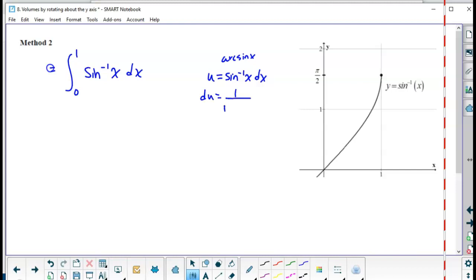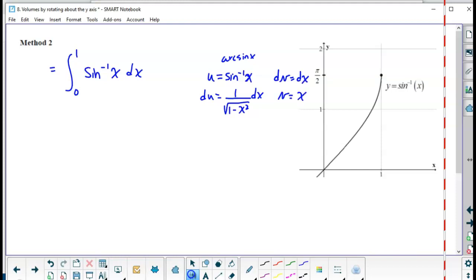Du is 1 over root of 1 minus x squared dx, and I shouldn't have a dx up here. Just a sec here. So this, just going to fix this up. So this is, there we go. And so u equals sine inverse of x. That means dv is equal to dx. When we integrate that, we get v equals x.